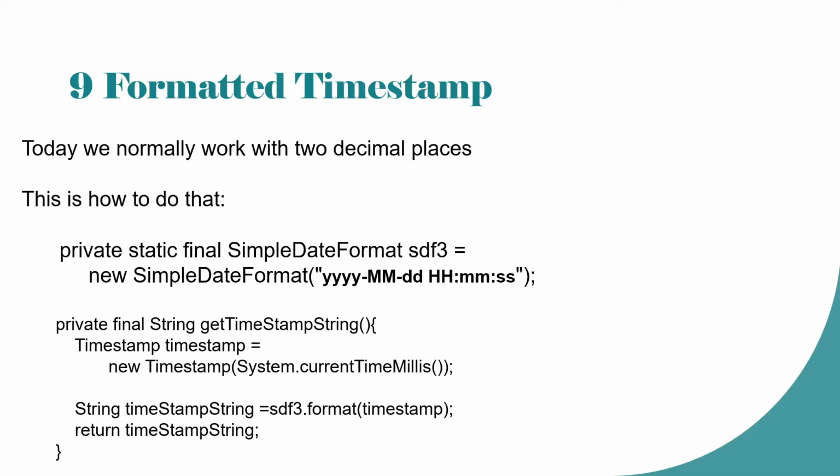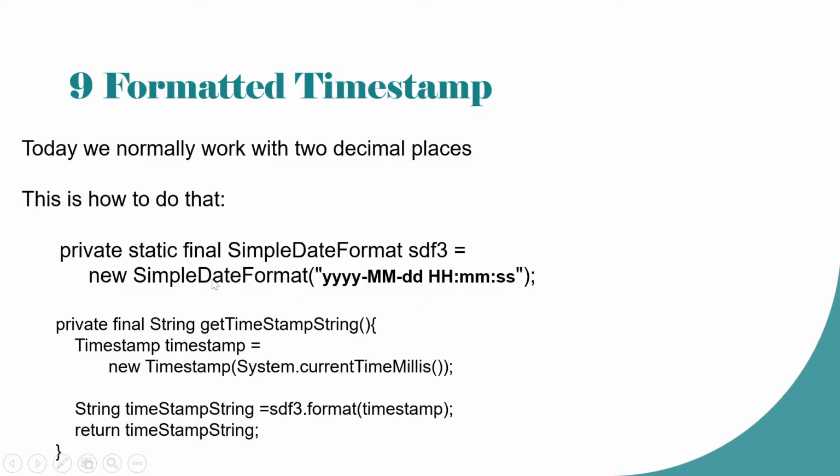But we also want to be able to format the date. And we need to do that because there's a different format for the American date. There's a different format for the British date, and there's a different format for the international ISO standard date. And what you are seeing here is the format for the international ISO date.